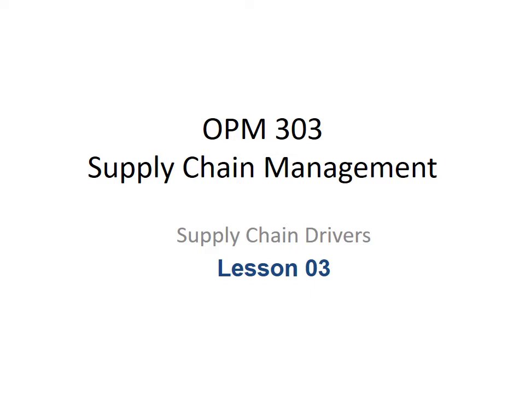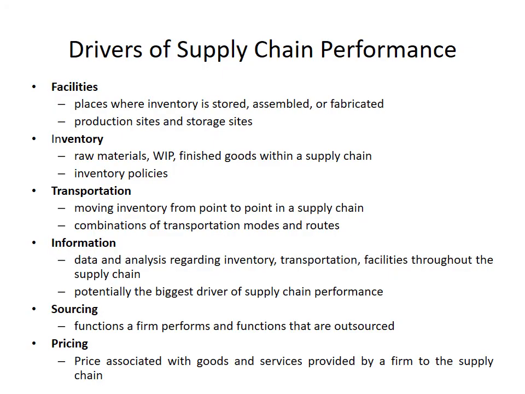These drivers interact to determine the supply chain performance in terms of responsiveness and efficiency. These are the main drivers that I explained before. The key main drivers of a supply chain are facilities, inventory, transportation, information, sourcing, and pricing. So let's try to define these drivers one by one.